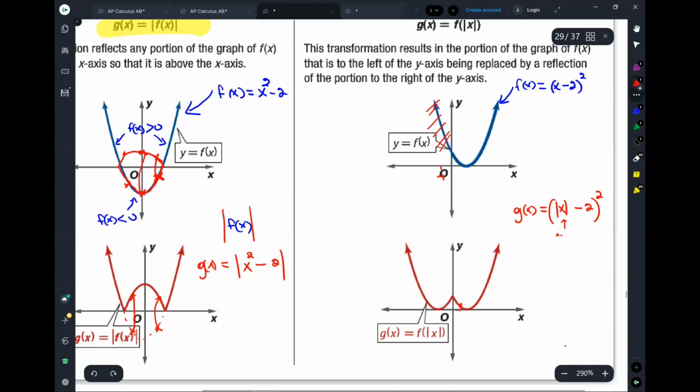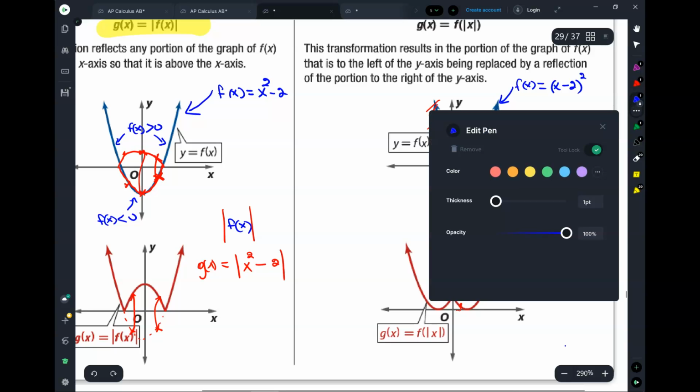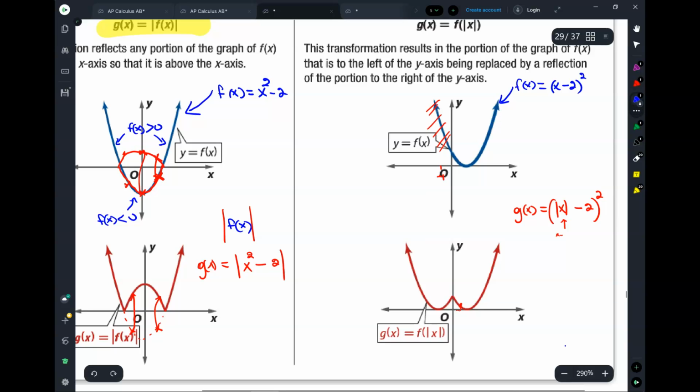So, essentially, everything in the negative x's goes away, and in its place, you get a repetition of whatever was on the positive side here. Okay? So whatever was on the positive side gets mirrored over here. But you're still getting negative x.